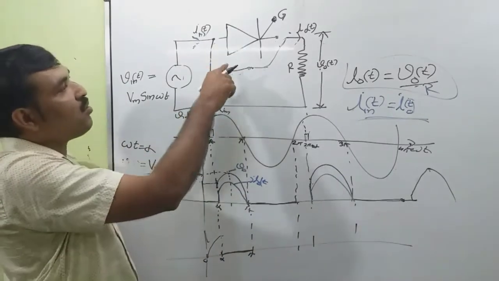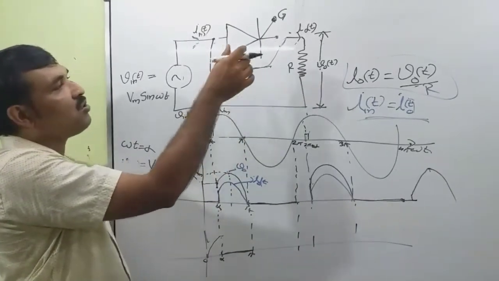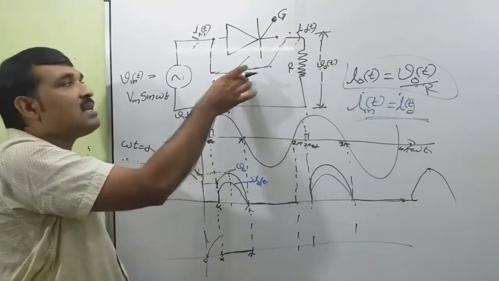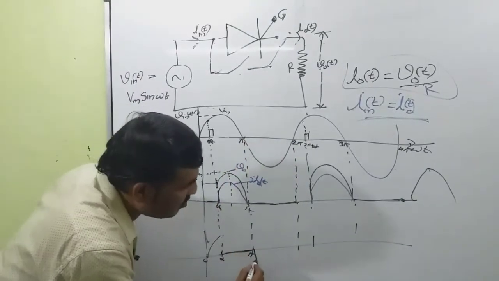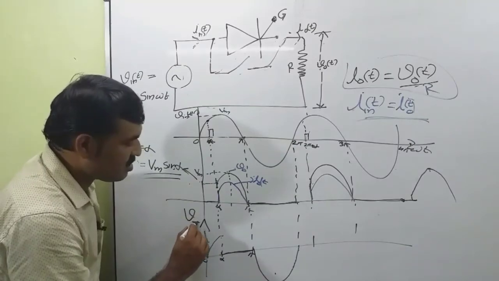When omega t is again equal to pi, the thyristor becomes an open circuit, so the voltage across the resistance is 0. The voltage across the thyristor is the same as the input voltage, that is this voltage. This is the voltage across the thyristor.